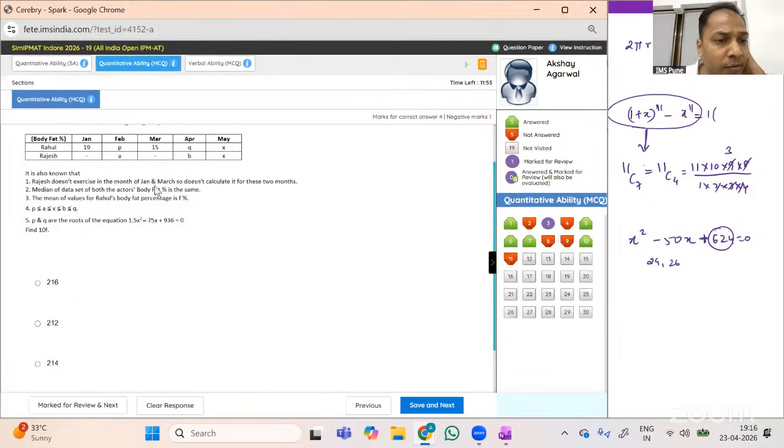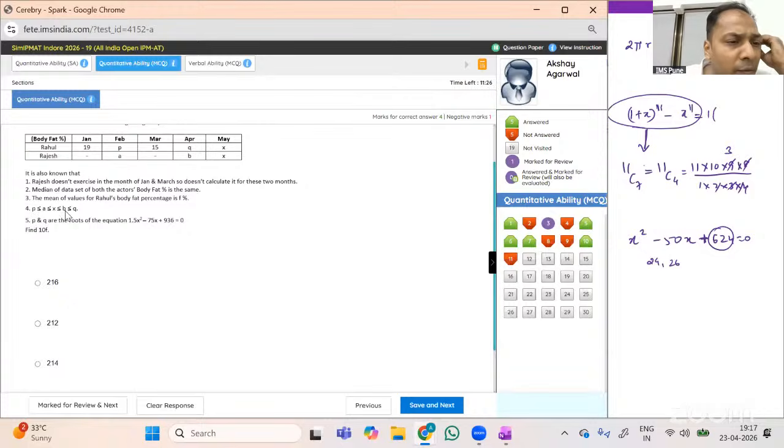Find 10F. The mean of values for Rahul's body fat percentage. What I believe is happening over here is X is the median. So the mean of Rahul's body fat percentage is 15, 19, 24, 26. Median of the data set is the same.